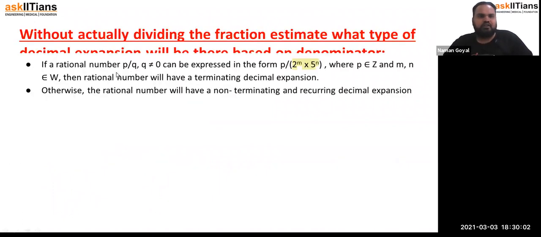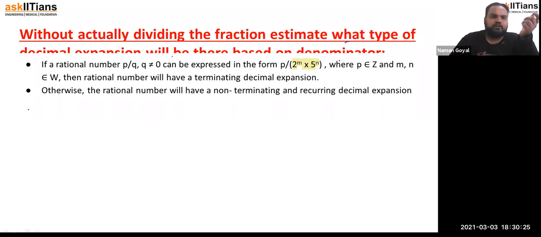Now the next concept is: without actually dividing the fraction, estimate what type of decimal expansion there will be, based on the denominator. Basically there are two types of decimal: one is terminating, and another one is non-terminating, non-repeating. ठीक है, एक तो क्या है टर्मिनेट हो गया और एक क्या है जो टर्मिनेट नहीं हुआ.